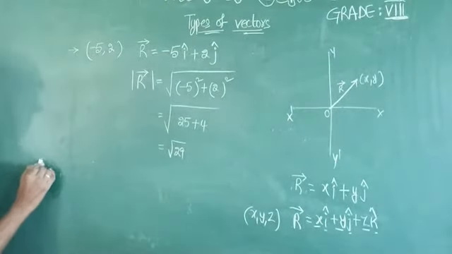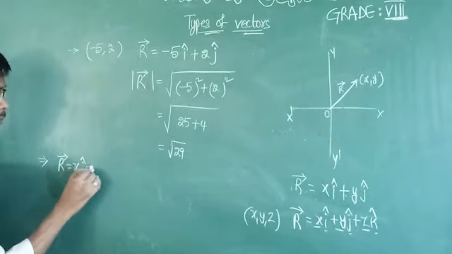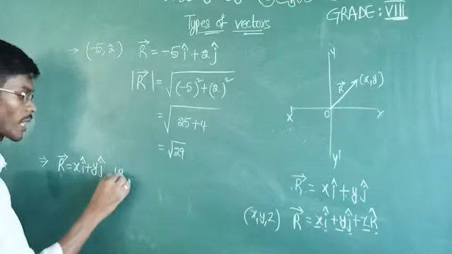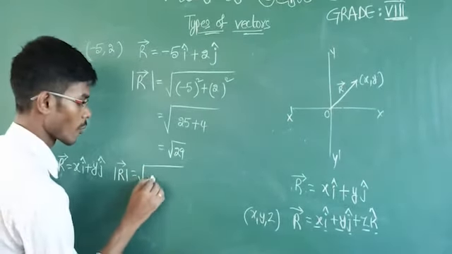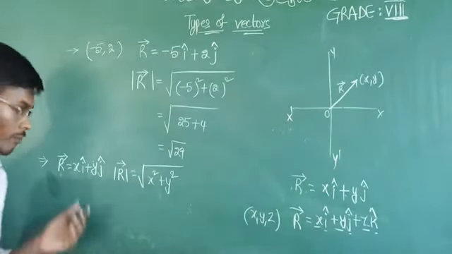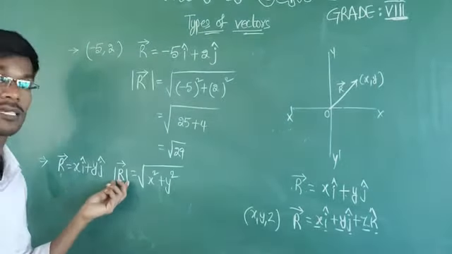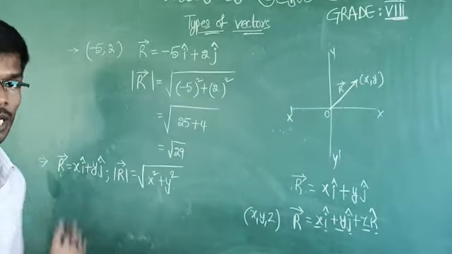And here r bar is equal to x i cap plus y j cap, then modulus of r bar can be written as root over x square plus y square.